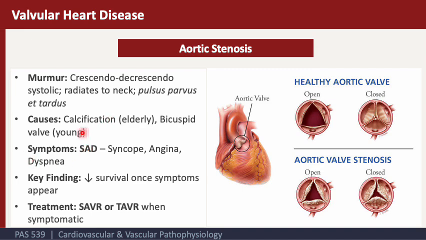So causes can be calcification that you see in elderly, but it can be a bicuspid valve, which is a congenital abnormality in a younger patient. On exam, you can hear a crescendo-decrescendo systolic murmur during systole. It can actually radiate up to their neck.